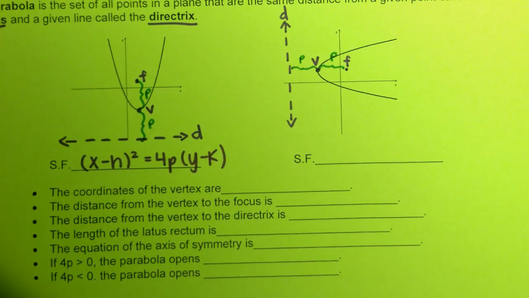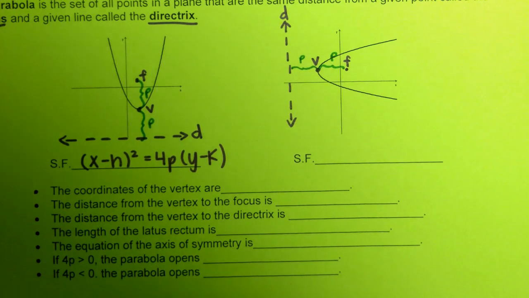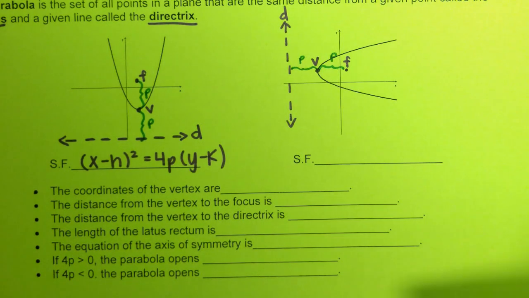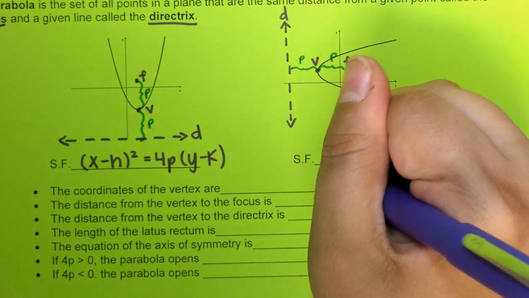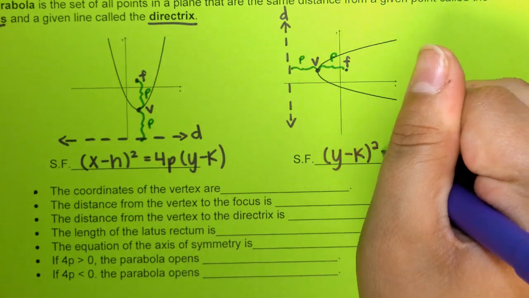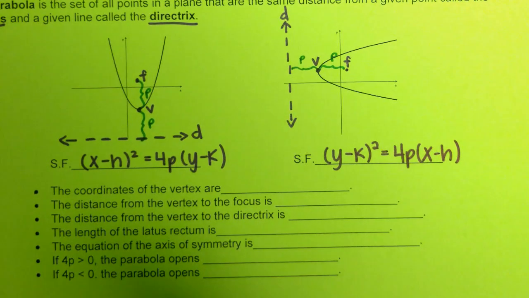Only your x is squared. If your parabola opens left or right, y minus k squared equals 4p times x minus h. If your parabola opens left or right, y is squared.